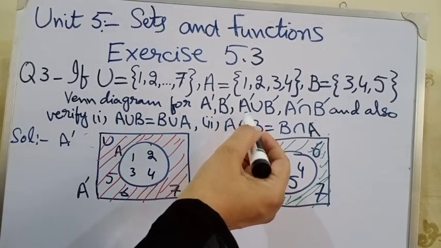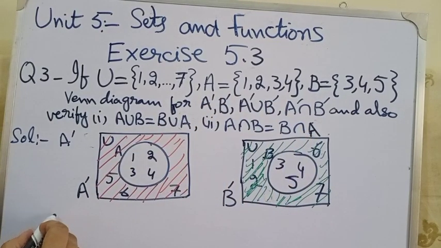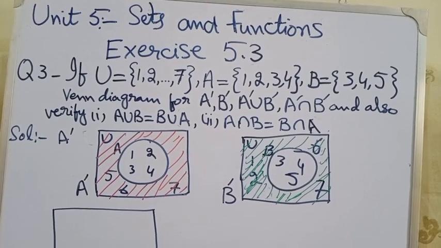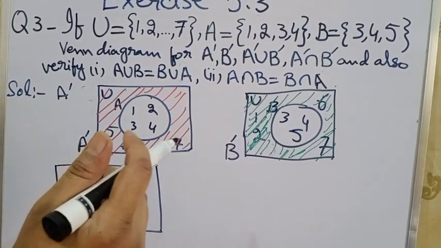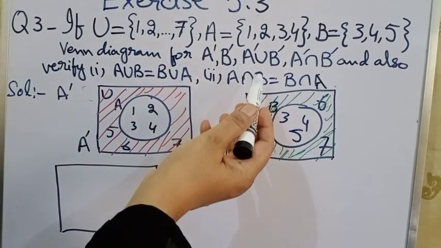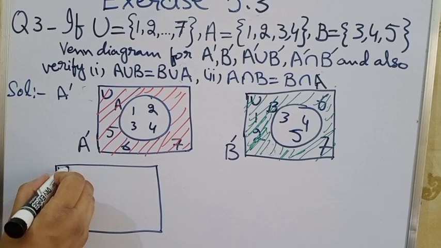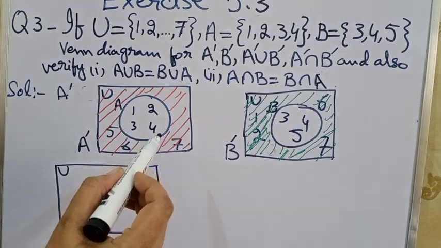Next we have to show A complement union B complement. These Venn diagrams are very interesting. If you feel some problem, you can find the set first and then plot it into the diagram.